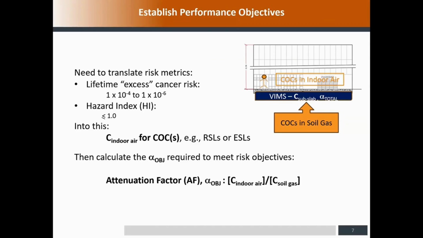So you have concentration in soil gas, which then presumably attenuates, dilutes a little bit in the gravel layer, and then your COCs need to get through your vapor mitigation system, the membrane as well, and then it encounters the concrete. So there's multiple, right, steps along the way where the concentrations can be attenuated. But the sort of the gross attenuation captures all of that. So indoor air concentration to soil gas.